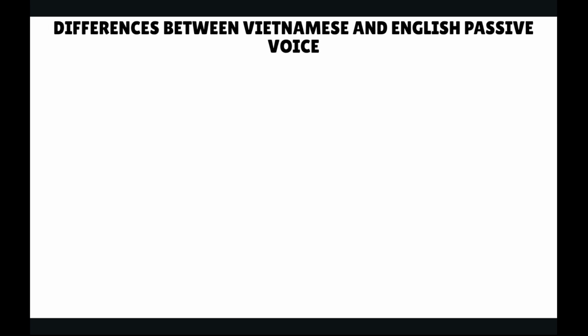The difference between Vietnamese and English passive words. The passive voice in Vietnamese uses bị and được, as you learned a couple of slides before, to indicate the subject's relationship with the action, while in English, the passive voice is formed with be, followed by a past participle of the verb.